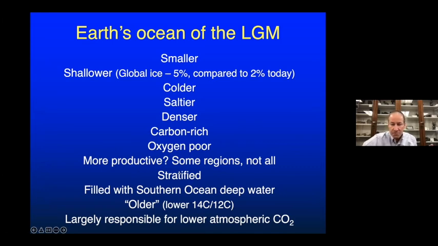Whatever carbon was pumped into the depth tended to stay there, in part because it was filled with Southern Ocean deep water, and in part because the deep waters tended to stay there longer. And therefore, the ocean was largely responsible for the lower atmospheric CO2 that contributed to the glacial conditions.